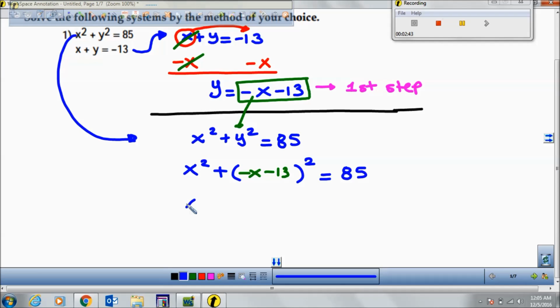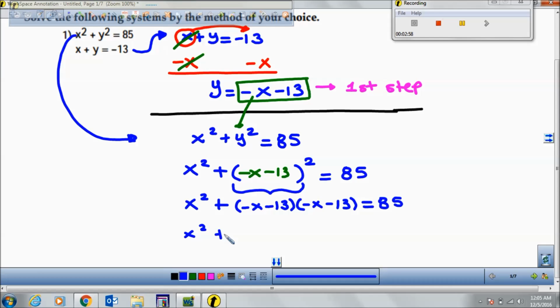So then we start simplifying. You're going to have to do the FOIL method. With this parenthesis, you're going to multiply it by itself two times. So x squared plus, and with this multiplication you want to be careful because there are a lot of negatives. So I'm going to put a parenthesis here and start multiplying each of these. Negative x times negative x, positive x squared.